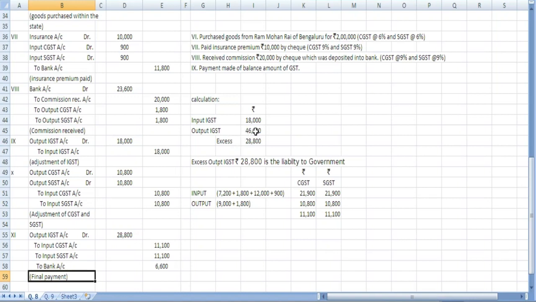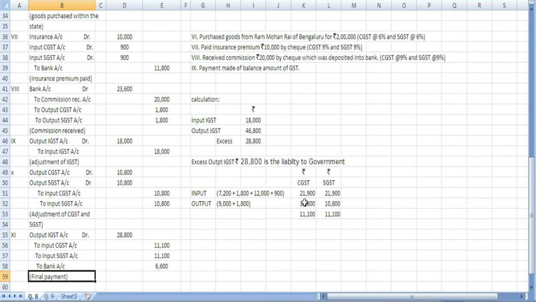So here what is happening? Your output is more, that means your collection is more than what you have given to the government. So this excess is becoming your liability to the government. So you have already settled with your 18,000, and then we settled with the CGST and SGST. This was the collection, and this was what they had to give.